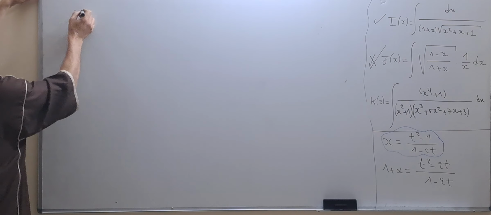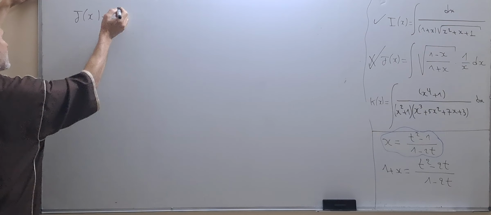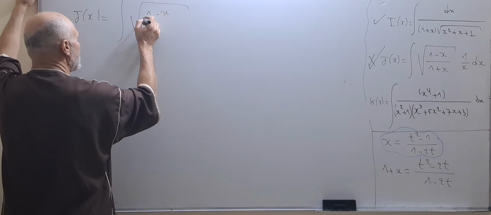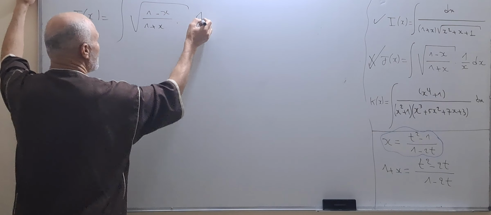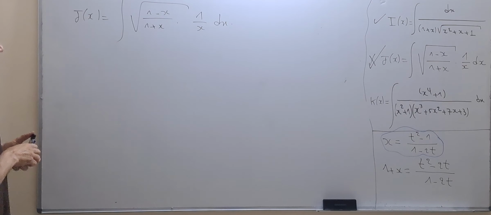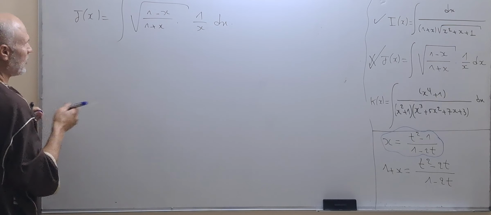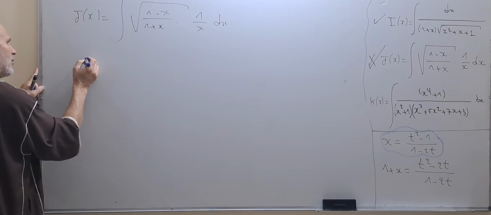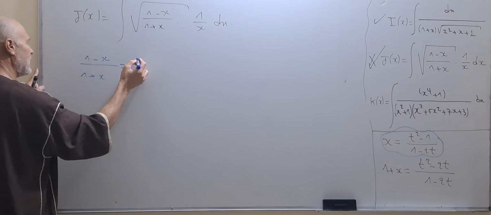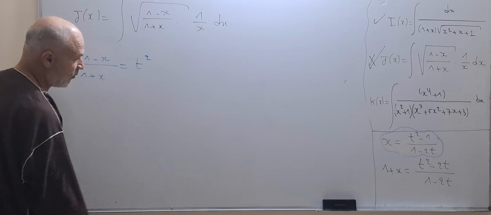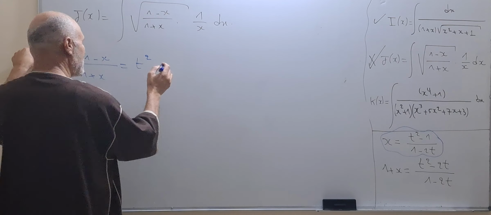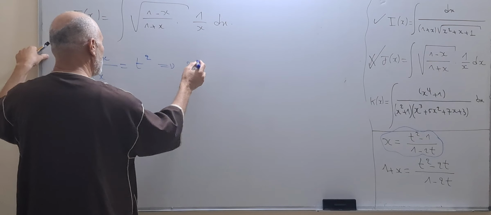So for g of x, which is equal to the integral of the square root of (1 minus x over 1 plus x) times 1 over x dx, the change of variable that we will take here, using this general formula, is to take (1 minus x) over (1 plus x) equal to t squared, because we have the square root.